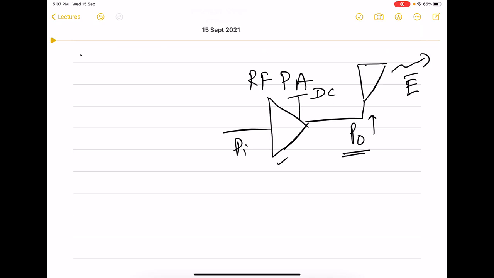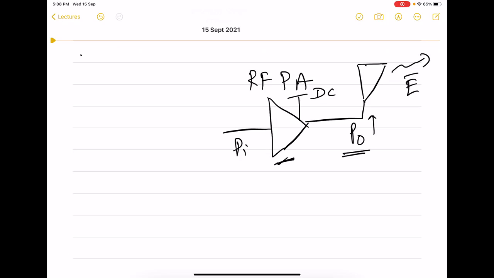So the distance of reception or the distance of transmission by this transmitter is directly decided by this power amplifier. So if the power amplifier is able to give more power to the antenna, you will be able to receive the signal at a larger distance. So this is a very important element in the transmitter path.